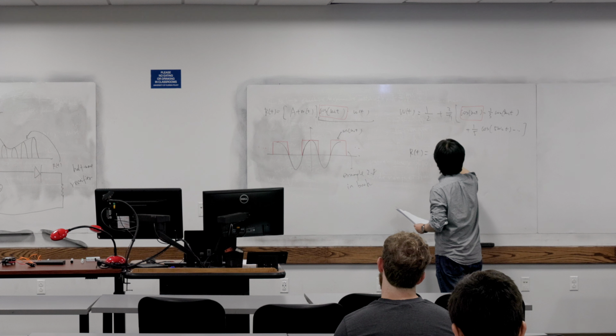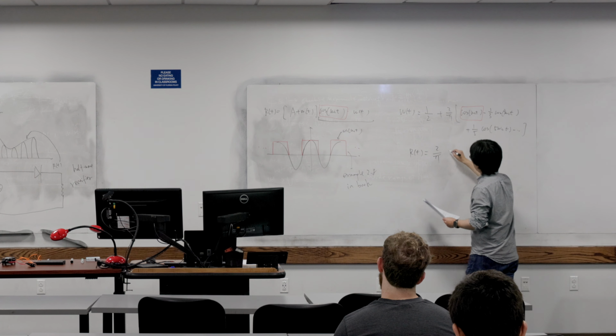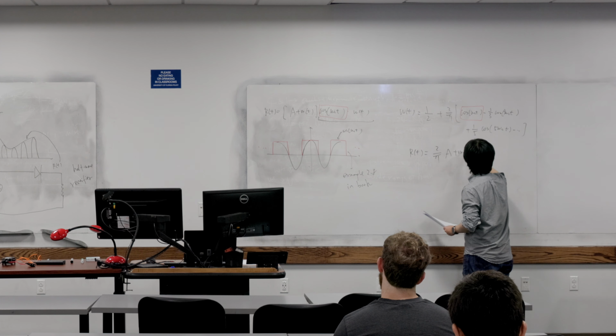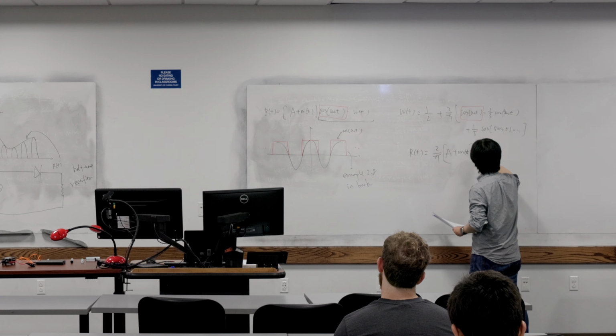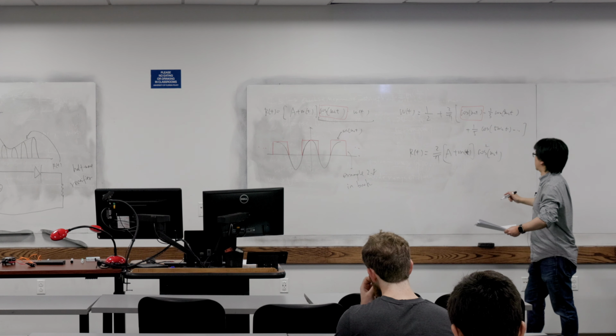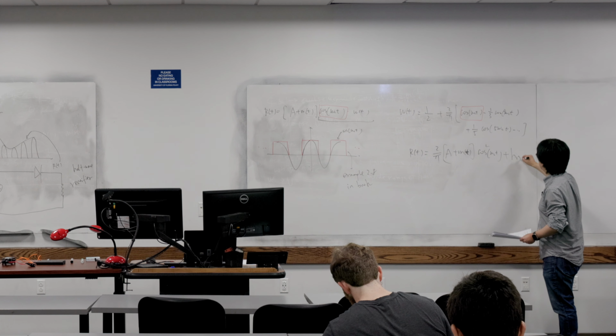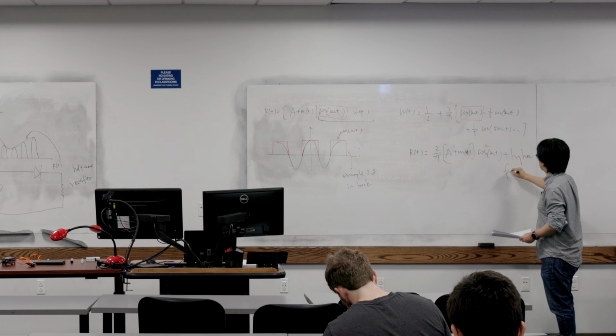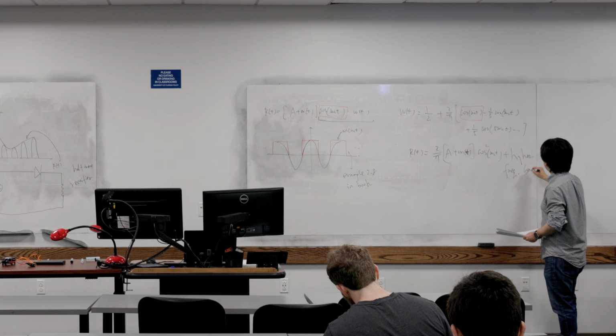We're going to have 2 over pi times (A plus m(t)), times cosine squared of omega_c t, plus all the higher frequency components.